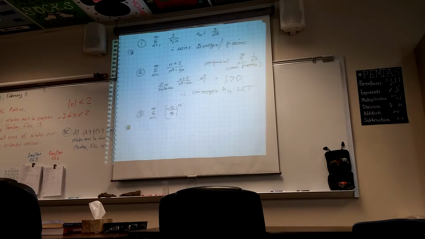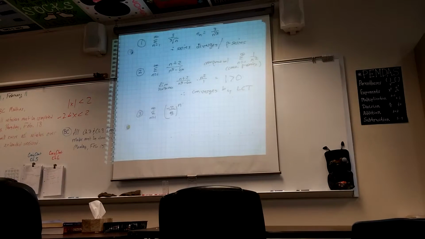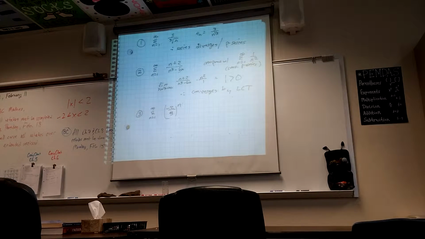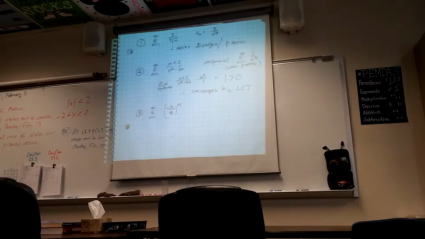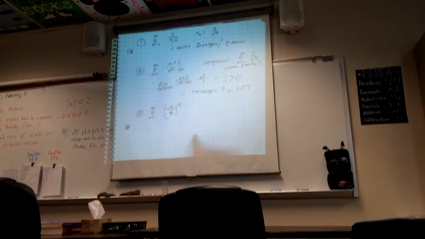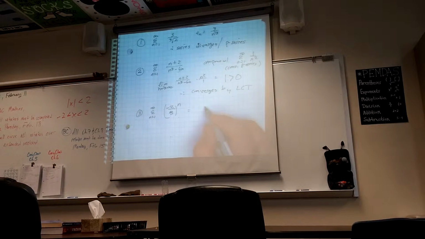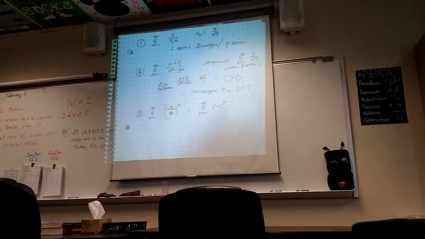No. It's definitely an alternating series, because as n changes, the sign of my terms is going to alternate. So what I have to do is write it like this: I need to factor out the negative 1, and then the 2/3 remains positive. Now, it is an alternating geometric series.